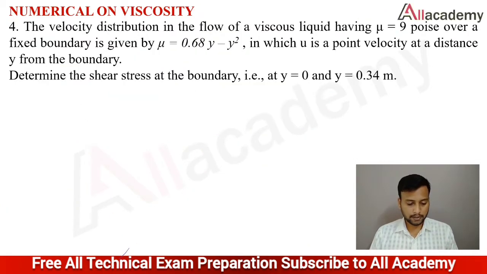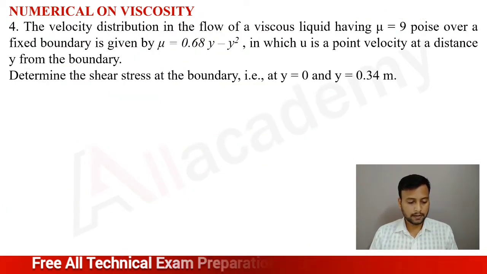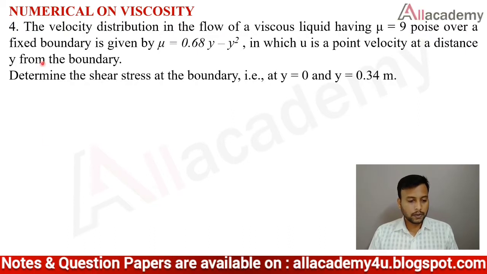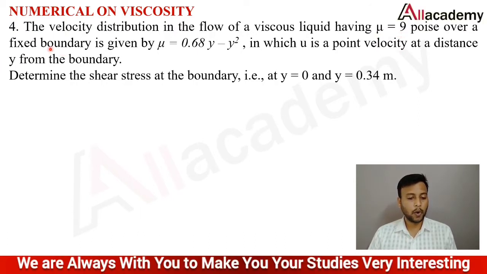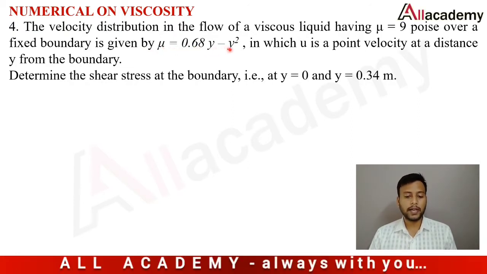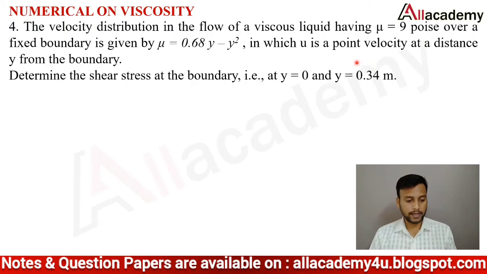The next numerical statement is: the velocity distribution in the fluid flow of a viscous liquid having a dynamic viscosity mu equals 9 poise over a fixed boundary is given by u equals 0.68 y minus y square, in which u is a point velocity at a distance of y from the boundary.